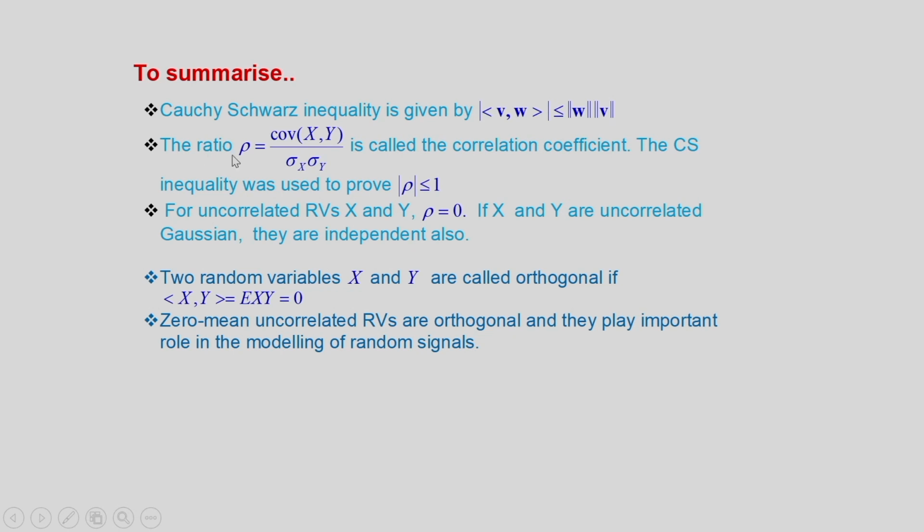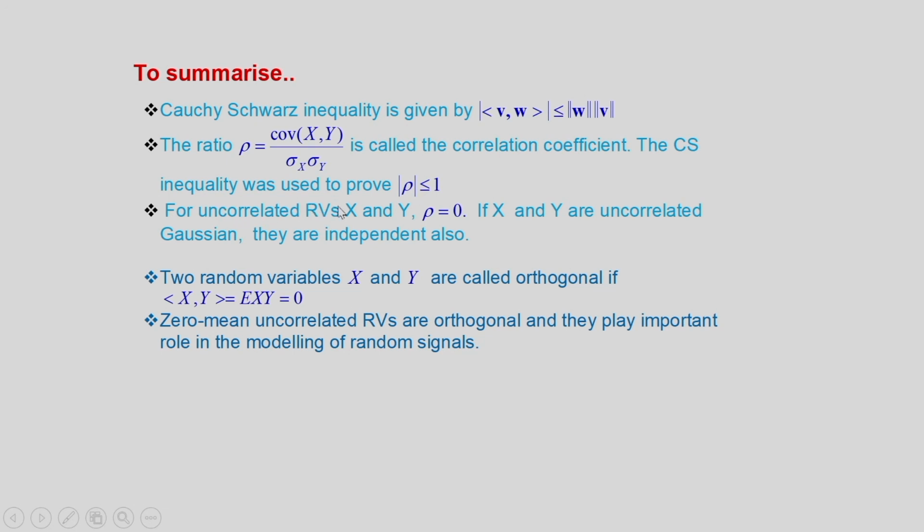And we define the ratio rho equal to covariance of xy divided by sigma x into sigma y. This is called the correlation coefficient. We used the Cauchy-Schwarz inequality to show that the magnitude of rho is less than or equal to 1.